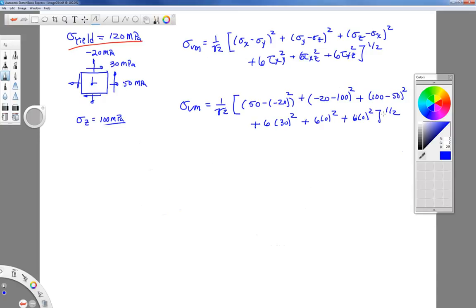Then I have 30 squared times 6, and add that in there. I'm going to take the square root of that, and then divide that by the square root of 2. And what I just got was 116.6 megapascals.